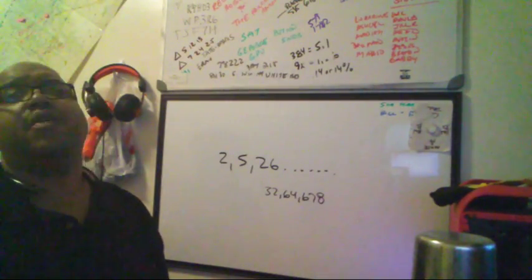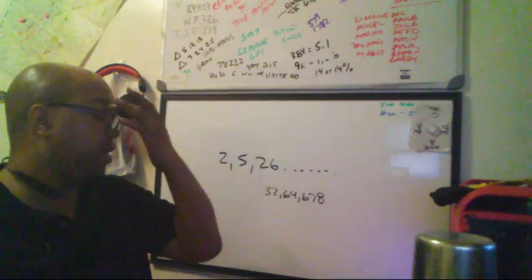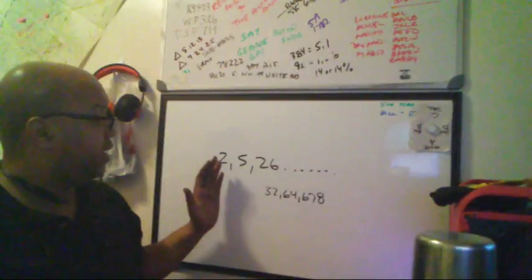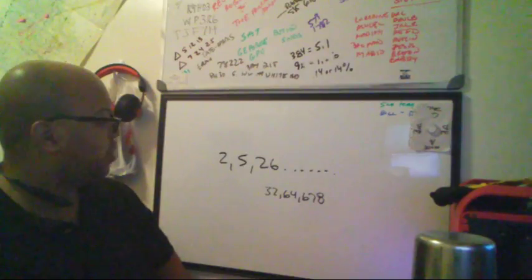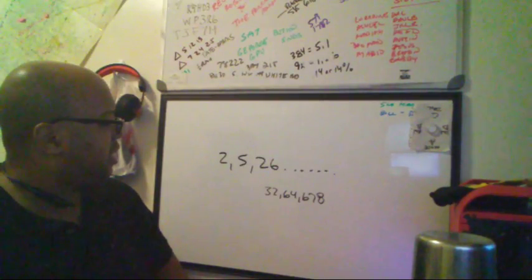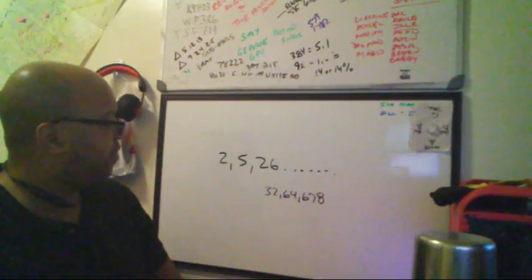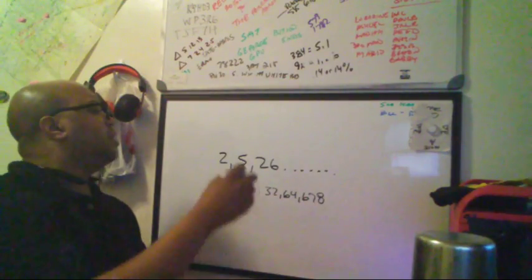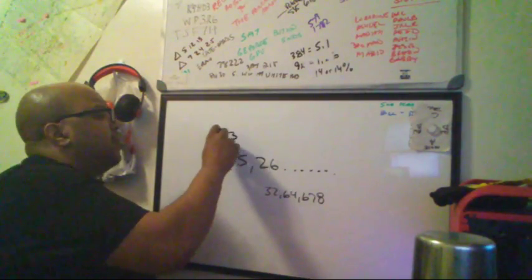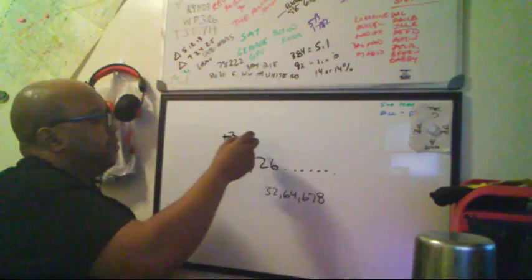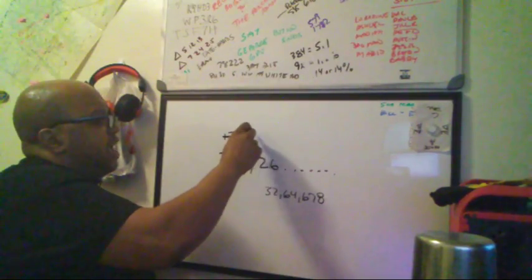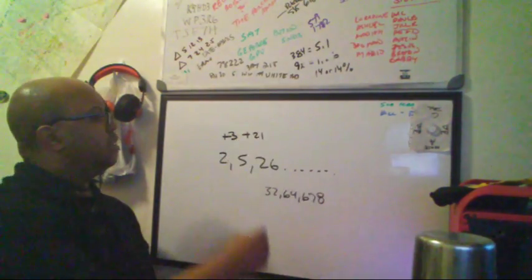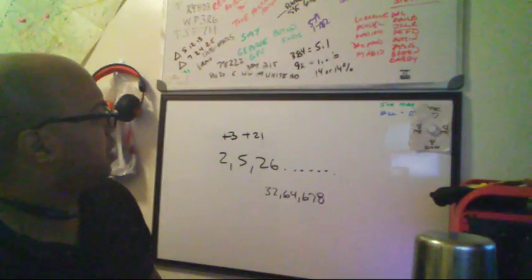Okay, and folks, don't be afraid to jump in. All right. What is the next number in this sequence? I'm looking at 2 to 5. There's 3. If we added 3, we would have to add 21 in order to get to 26.